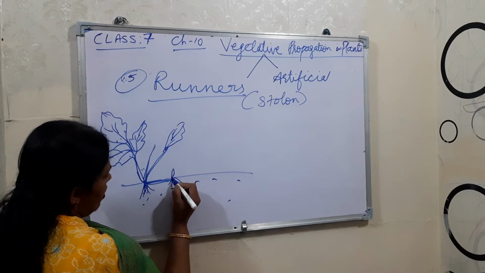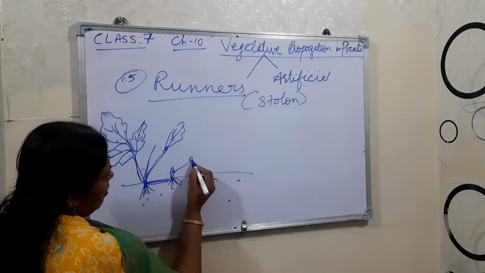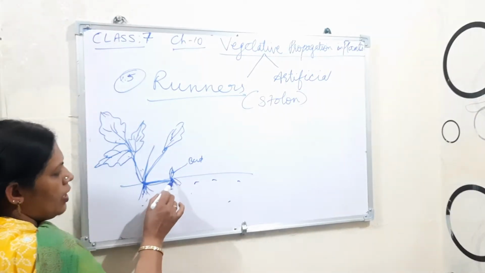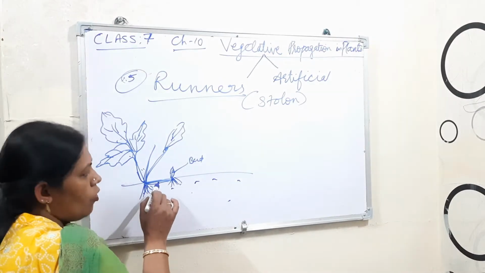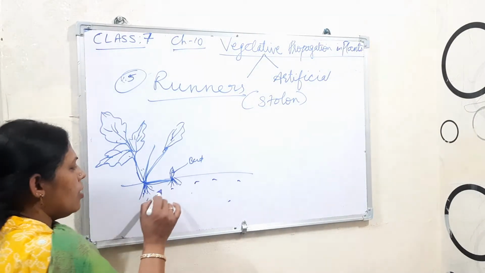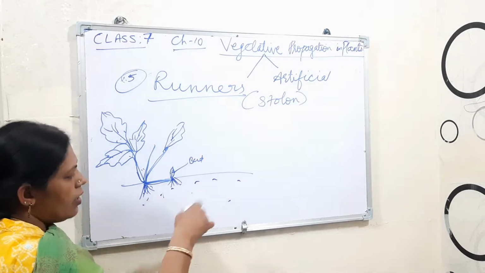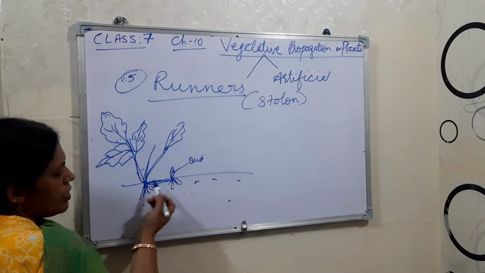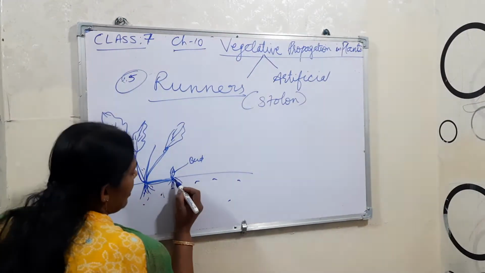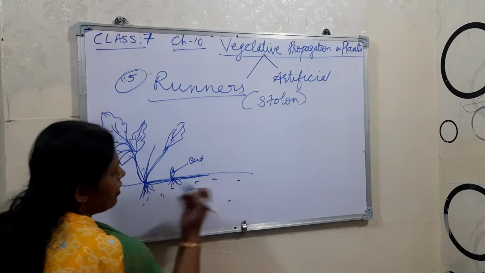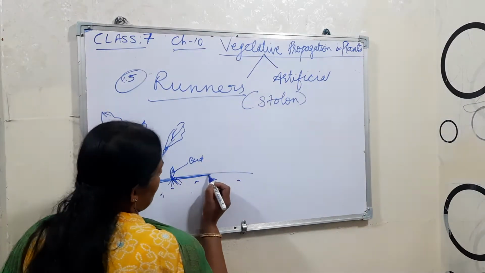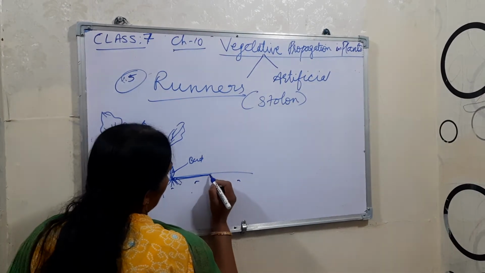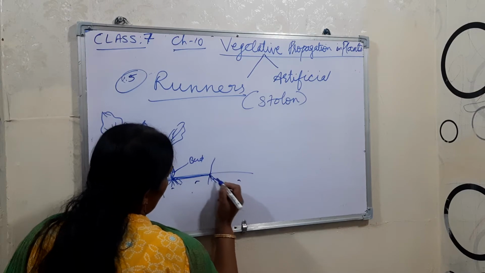That bud afterwards grows along with the mother plant, and if it is detached from this then it grows individually as another plant. Till then it gets the food from the mother plant itself. Again from here it spreads the root like this, and all these are underground only.